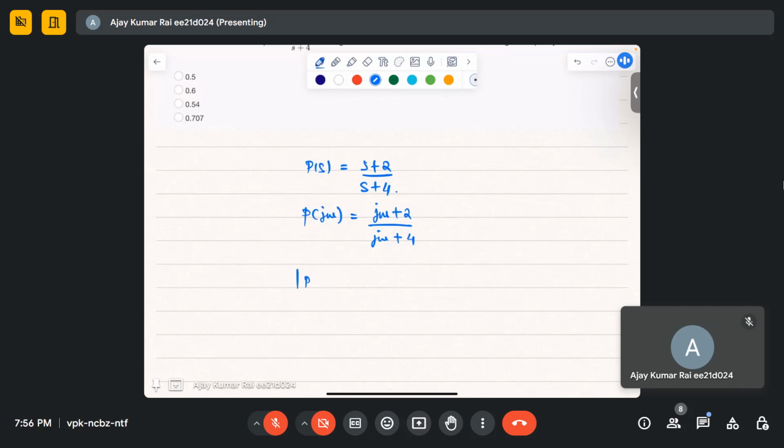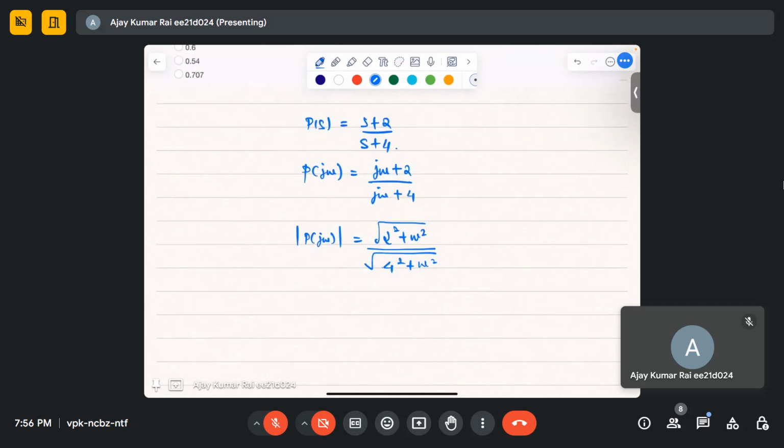If you calculate the magnitude, you will get square root of 2 square plus omega square over square root of 4 square plus omega square. And we have to find it at 1 radian per second.